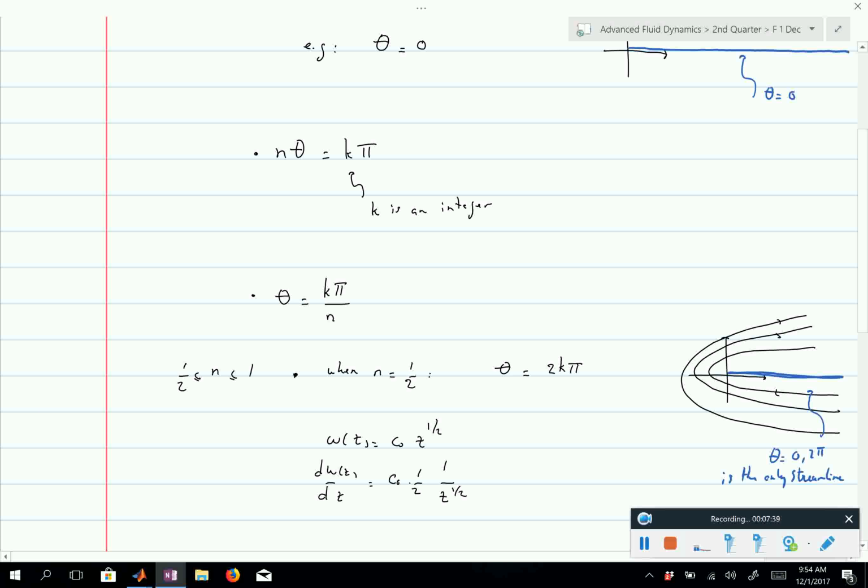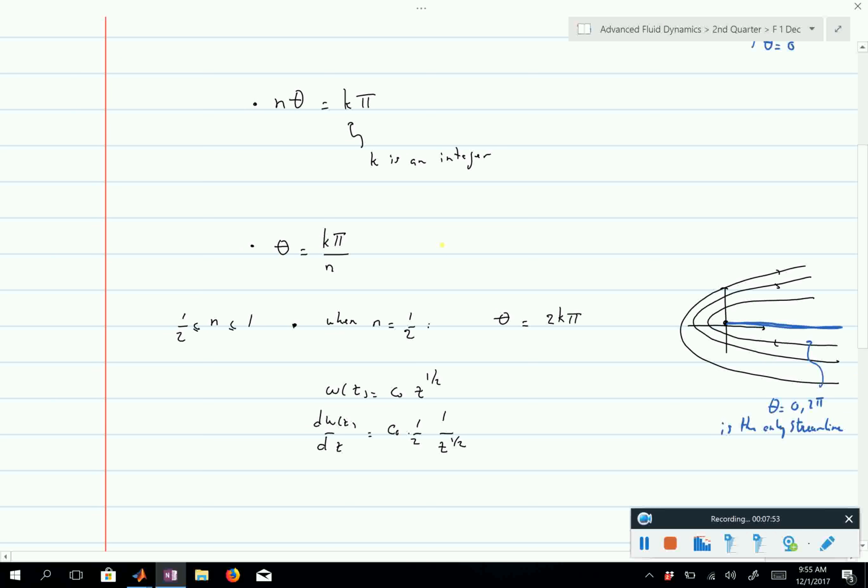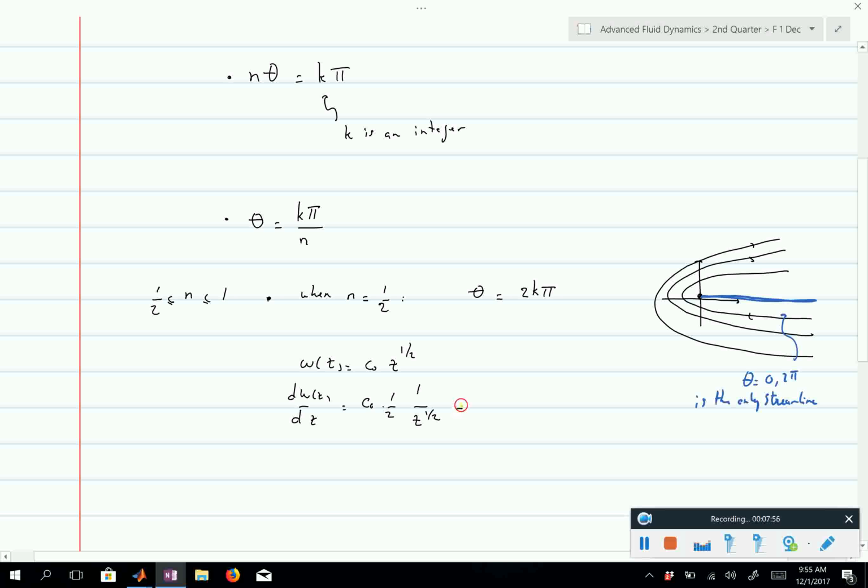Okay. So what do you know about the velocity at that point? If you write z as a complex number, with an argument, it will be square root of r exponential minus i theta divided by 2. The c0 doesn't really matter so much here.